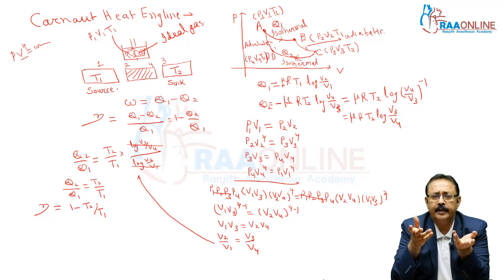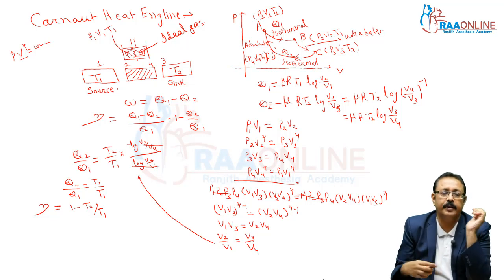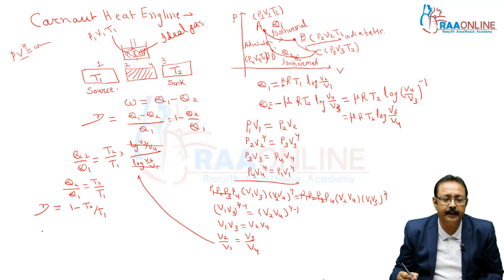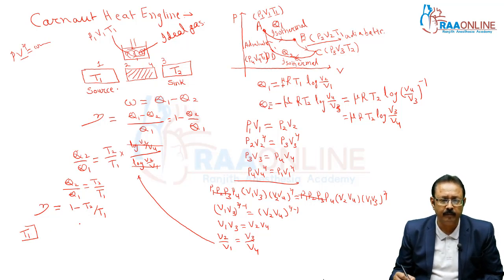What is a refrigerator just doing in the opposite manner? We are taking Q2 heat from the sink. In this, we were using two reservoirs, one at hot temperature and one at cold temperature.